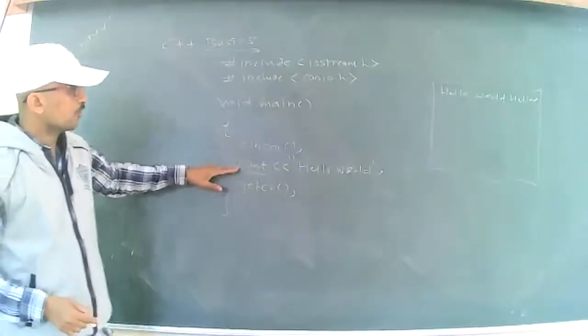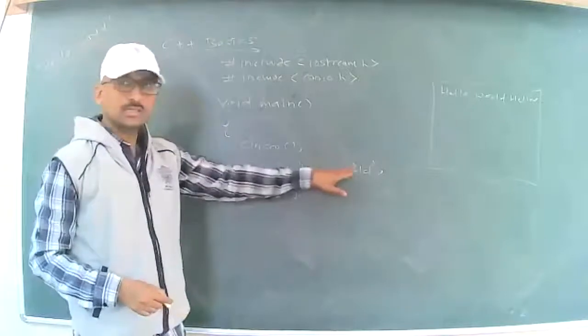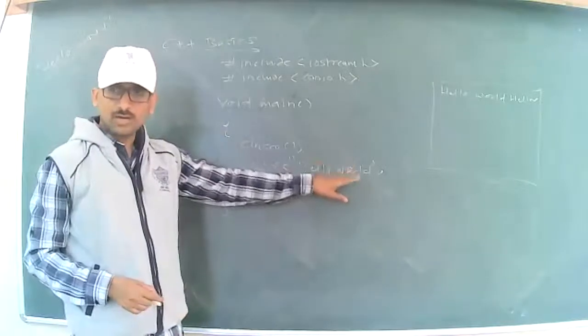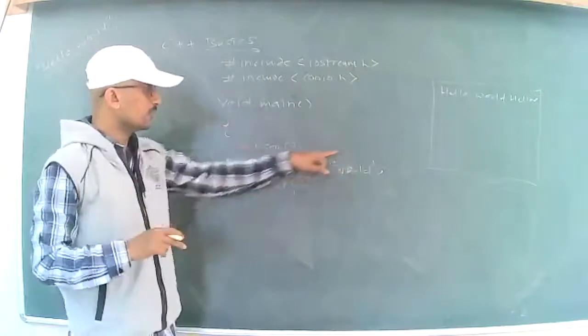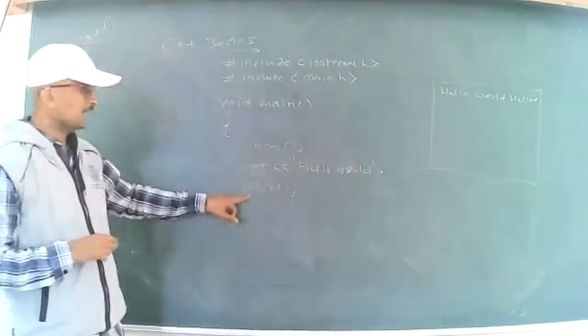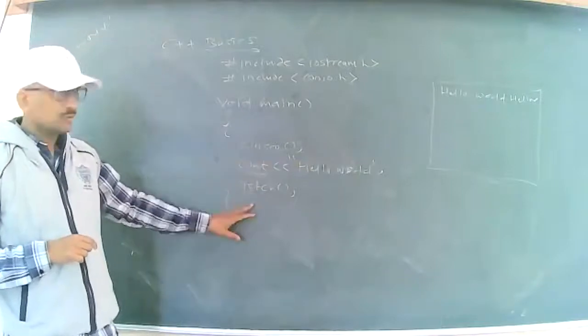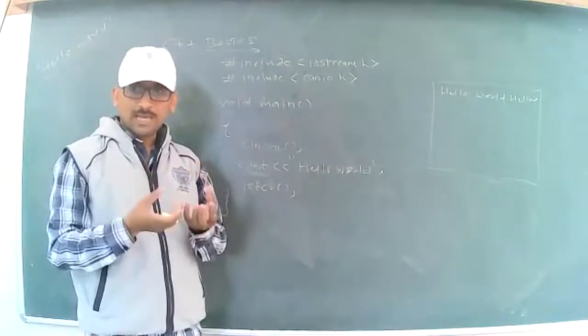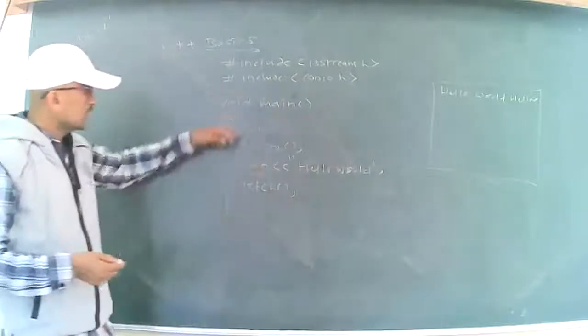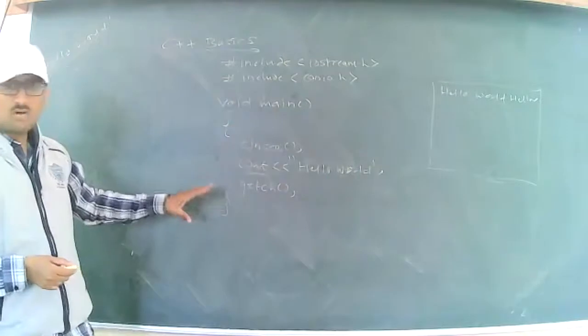On that clear screen, you are going to print your hello world string that you have inserted into the double quotes. And after that, with the help of getch, your console screen is going to be held for some time. Okay? So this is nothing but the program.